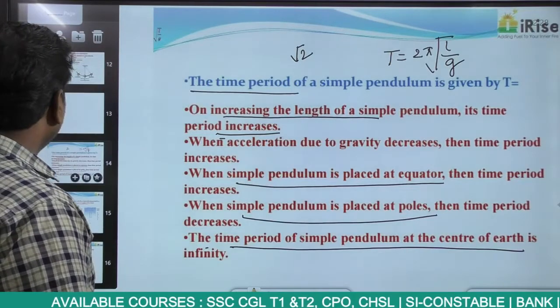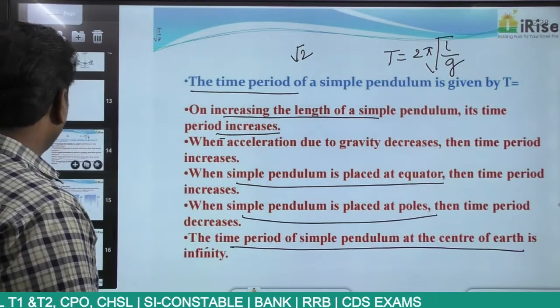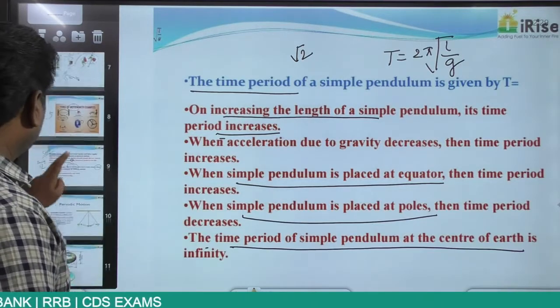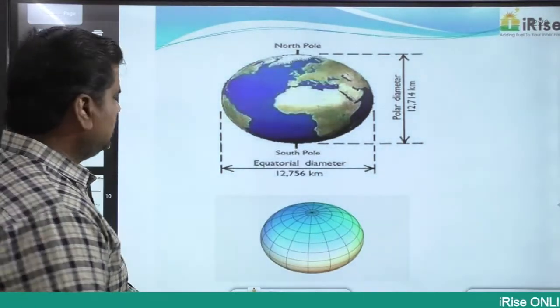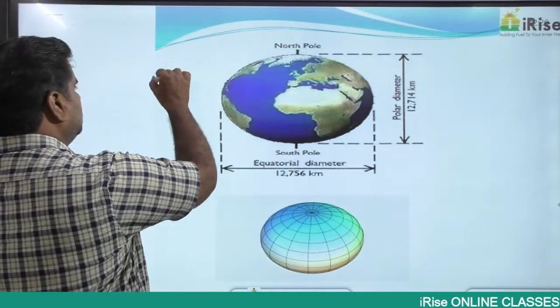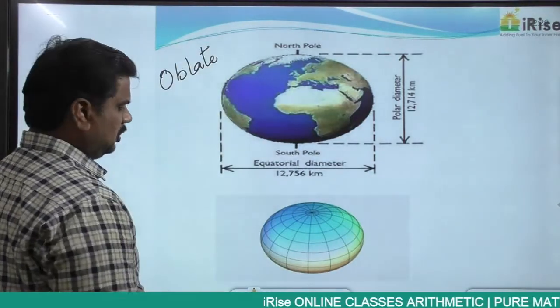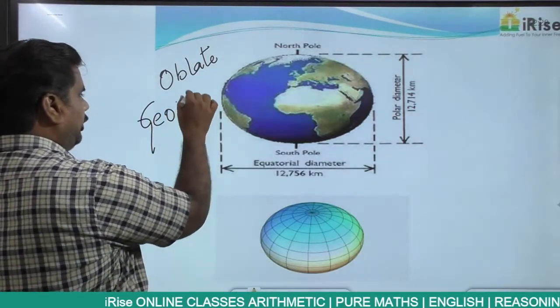Now, what is the shape of Earth? Basically, we know that the shape of Earth is oblate. We say that the shape of Earth is oblate, or else we even say that it's a geoid shape.